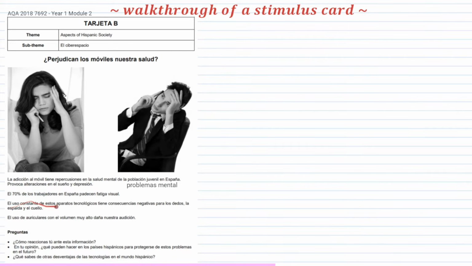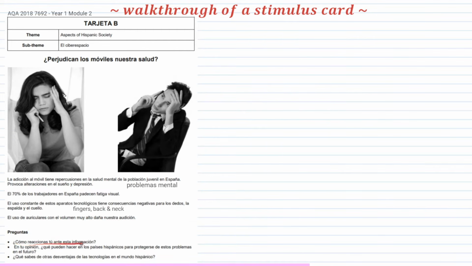El uso constante de estos aparatos tecnológicos tiene consecuencias negativas para los dedos, la espalda y el cuello. So that's fingers, back and neck. El uso de auriculares con el volumen muy alto daña nuestra audición.